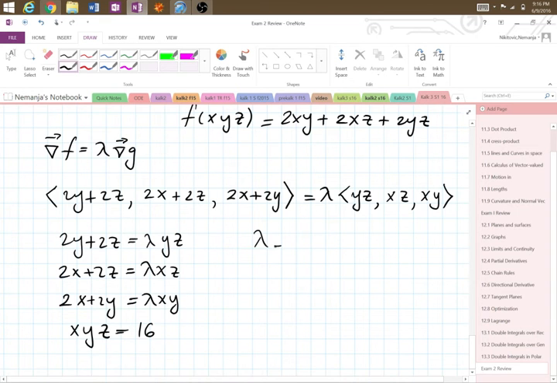So lambda from the first equation is 2y plus 2z divided by yz. Lambda from the second equation is 2x plus 2z divided by xz. And lambda from the third equation is 2x plus 2y divided by xy.